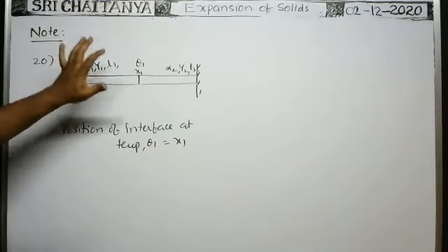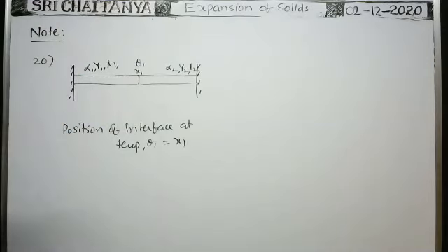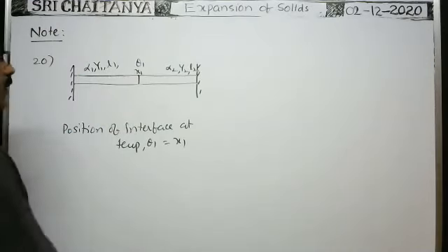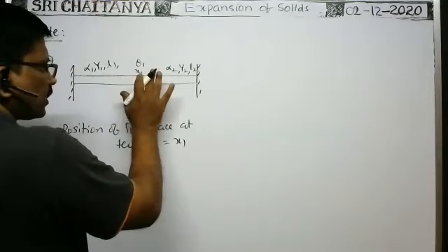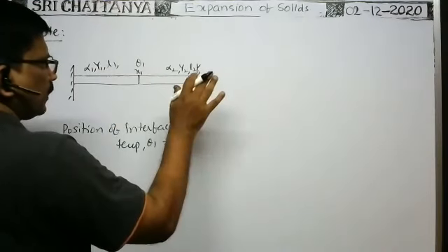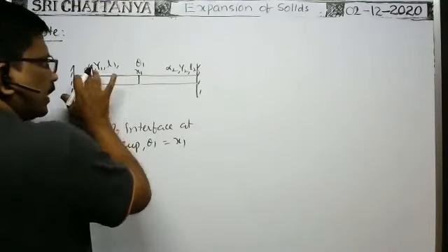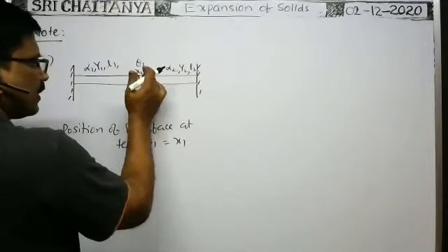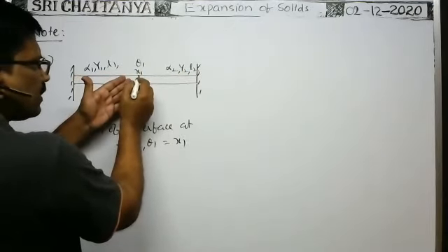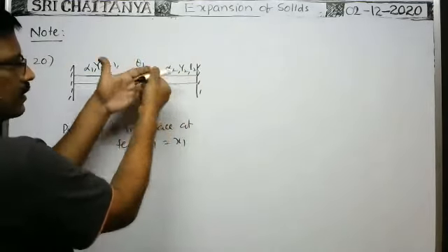When this composite rod is heated to temperature theta 2, this rod expands in this direction and this rod expands in this direction. Suppose the interface is not there and these two rods are kept like this.